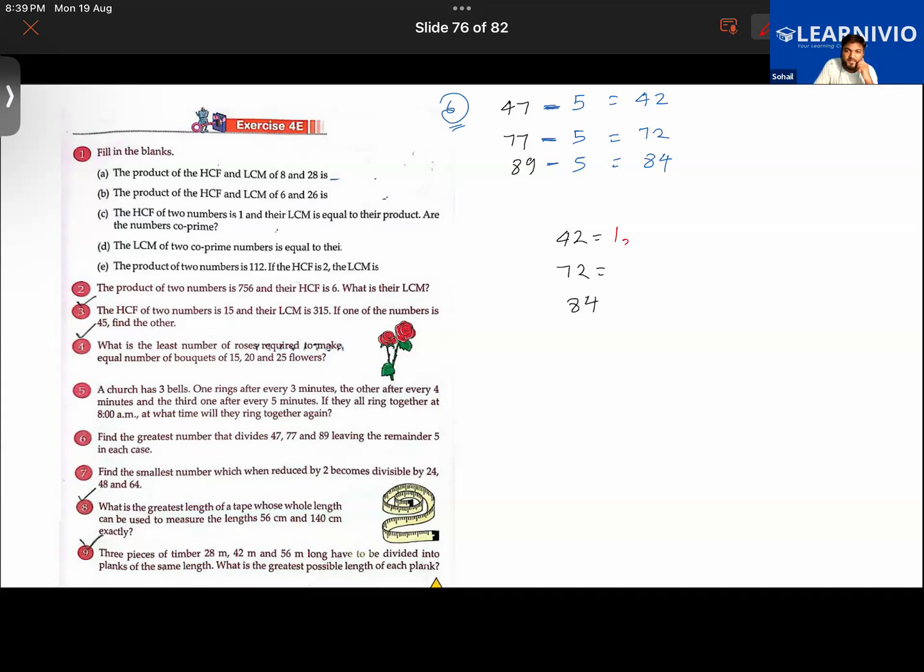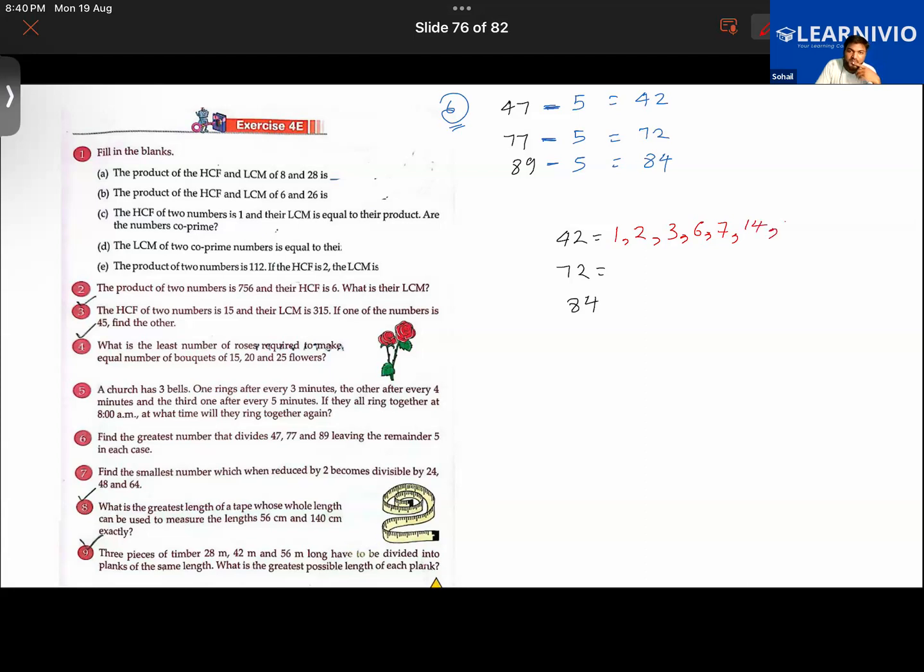Factors of 42: 1, 2, 3, 6, 7. Read the table of 14. 14 threes are 42, so 14.